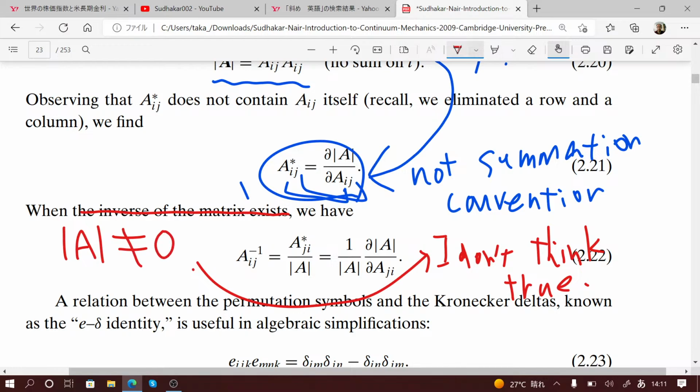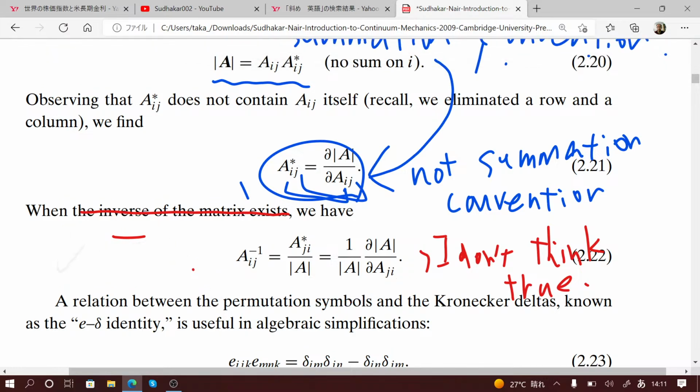If the determinant is not equal to 0, you can divide some value by the determinant of A. So you have this equation. Yeah, I think so.